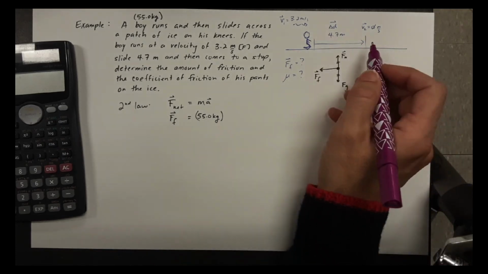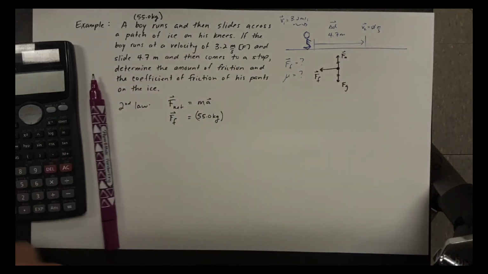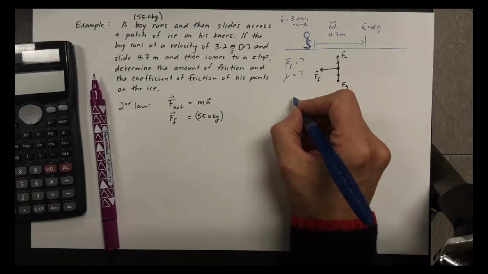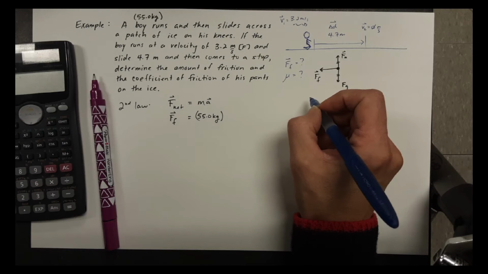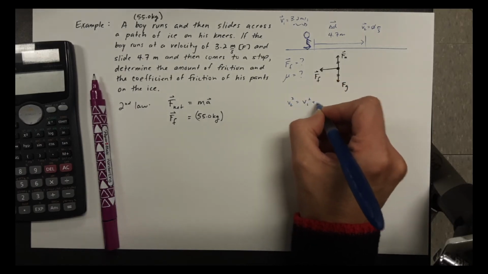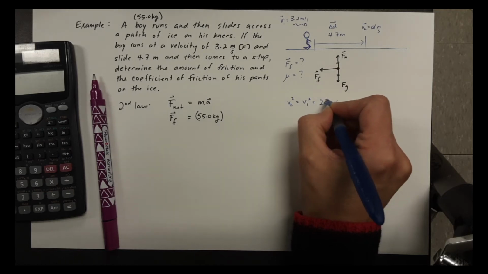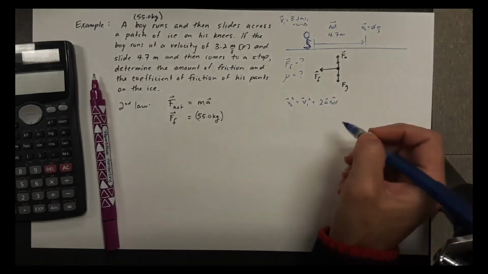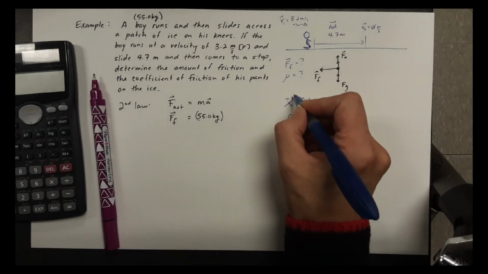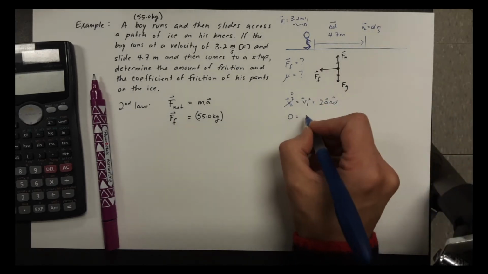Well, I look at the values I was given, and you have to go back and use motion. So in this case, I know V1, I know V2 and displacement. So it's going to be V2 squared equals V1 squared plus 2a delta d. And V2 is 0 because it comes to a stop.